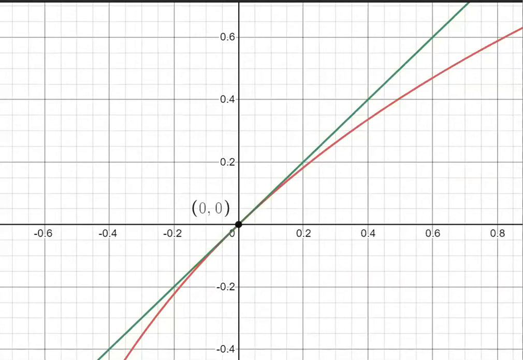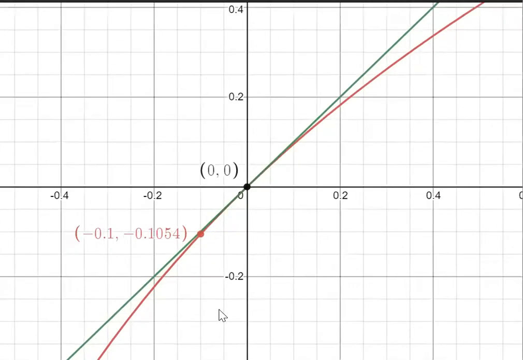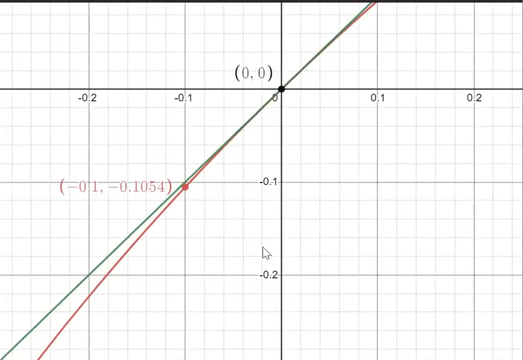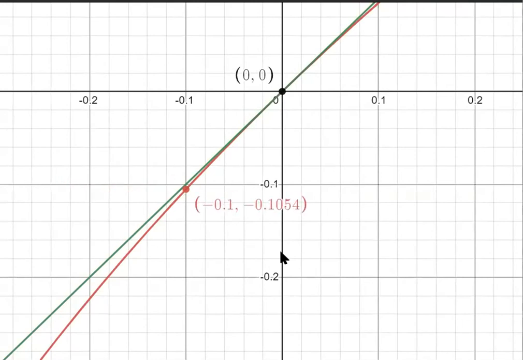For the natural log 0.9, the value is negative 0.1, and the f at the value on the curve is supposed to be negative 0.10536 and so forth, which is what we got from the calculator.